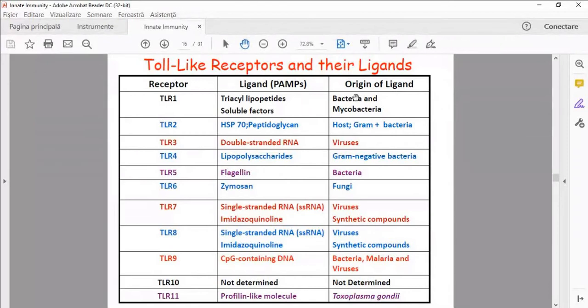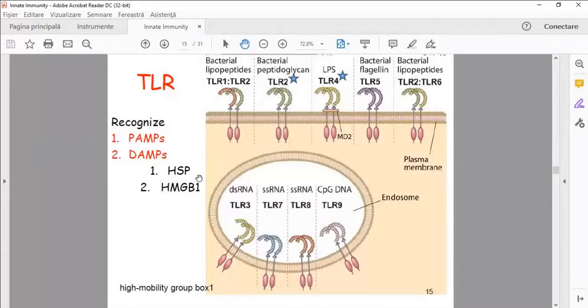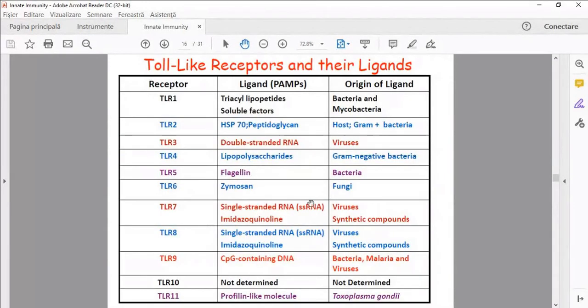Here is a table which summarizes receptors and their characteristic ligands. And if you look in here, you can see that their ability to bind, for example, viral molecules is related to their location. Okay, please note that there are some toll-like receptors able to recognize fungi.